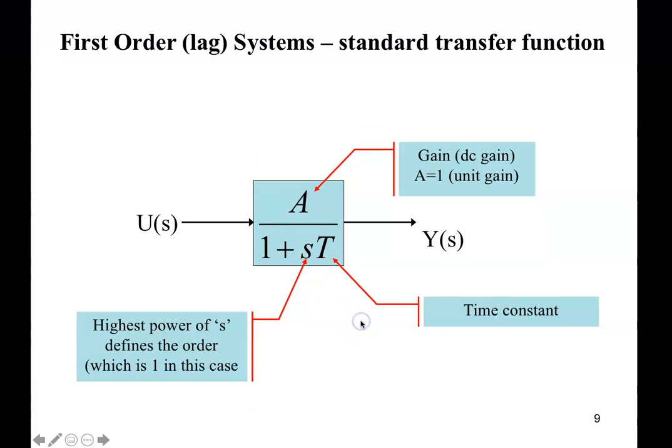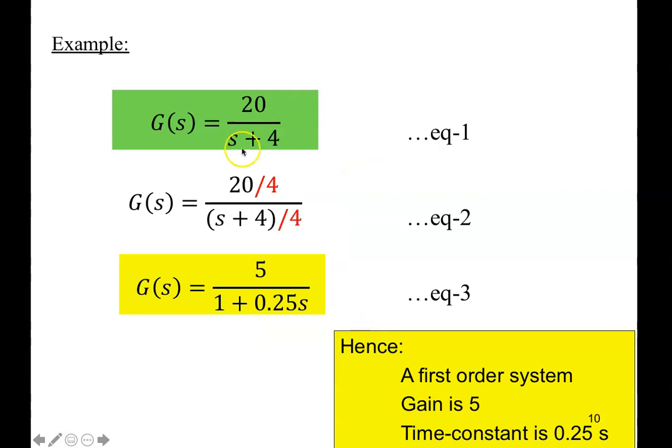For example, here I have G(s) equals 20 over s plus 4. This is 1 plus, no, it's 4 plus s. So it's not in that first standard format. In fact, we will see later this is actually in the second standard format, but it doesn't matter.